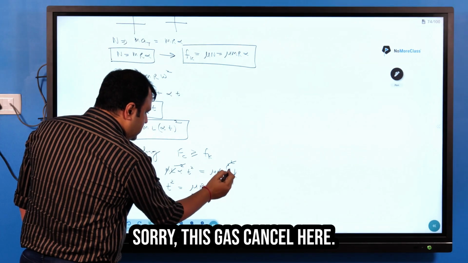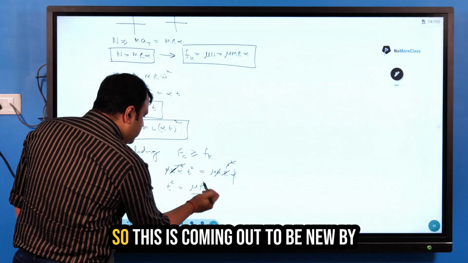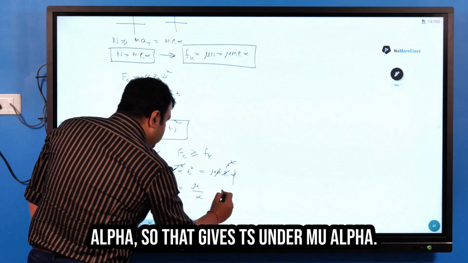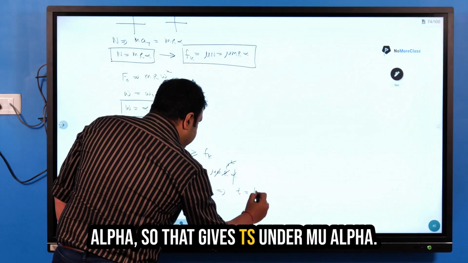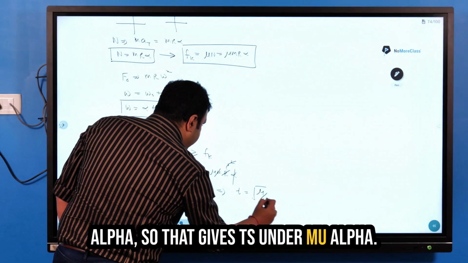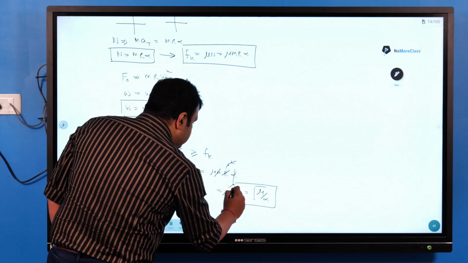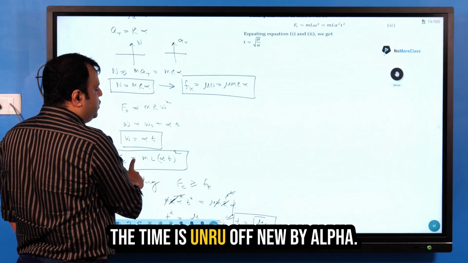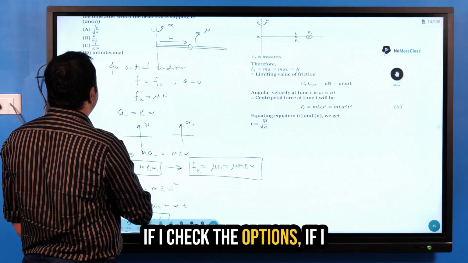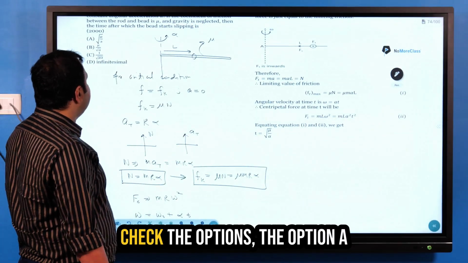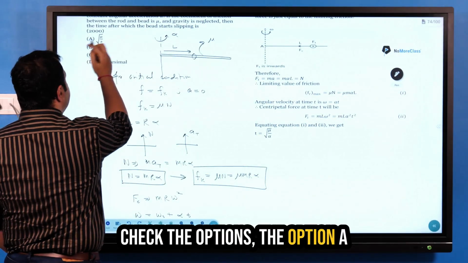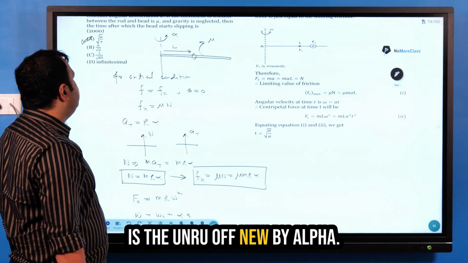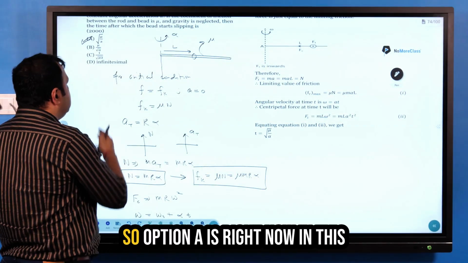That gives t as under root of mu by alpha. So time is under root of mu by alpha. If I check the options, option A is the under root of mu by alpha. So option A is right.